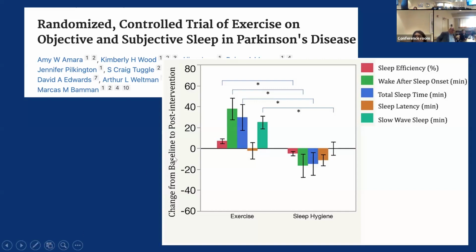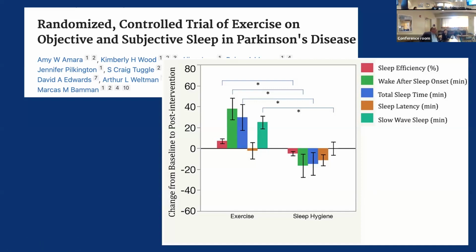So on the vertical axis is change from baseline to post-intervention, and there are positive numbers for wake after sleep onset. So improved sleep efficiency. So 38% versus. I just don't understand the metric. I know what they've interpreted in the paper, but it's strange.